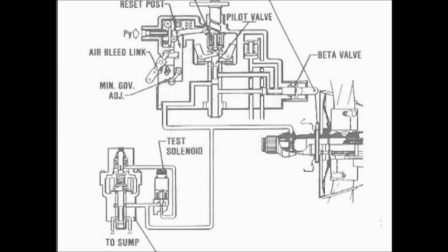When the engine overspeed condition occurs, the increase in centrifugal force sensed by the overweights overcomes the spring tension. So the centrifugal force of the counterweights will overcome the spring tension, allowing this pilot valve to lift up, and when it lifts up, it's going to dump oil back out of the primary governor and onto the shaft of the engine.